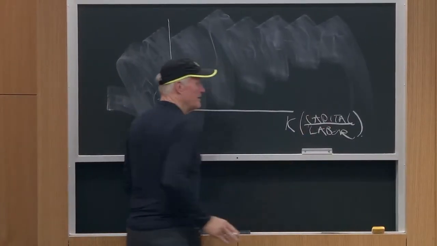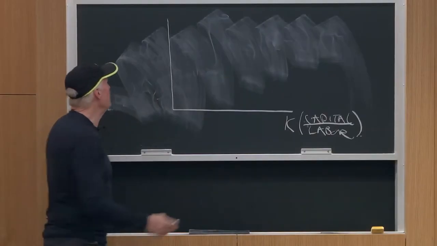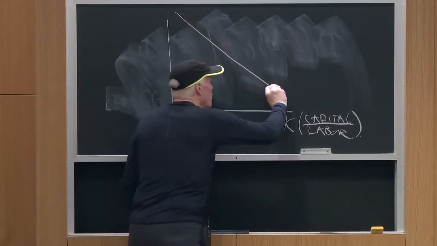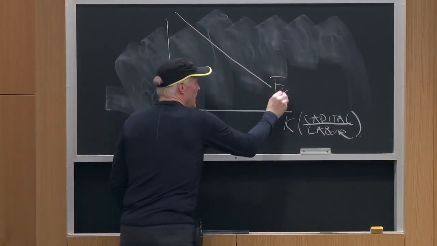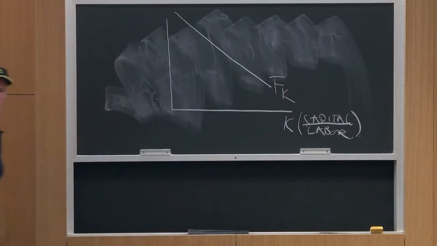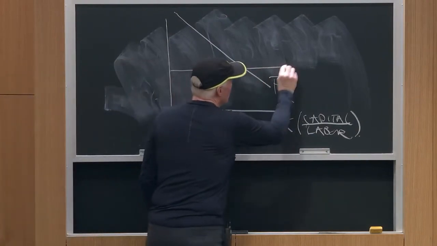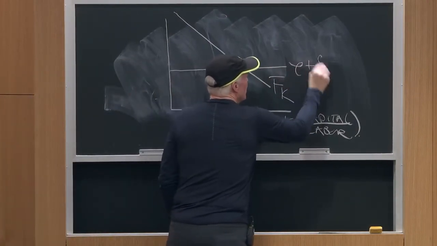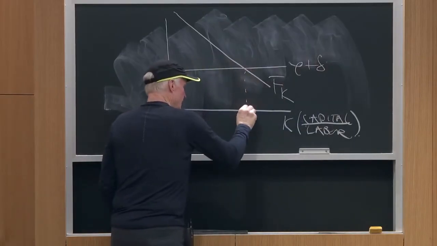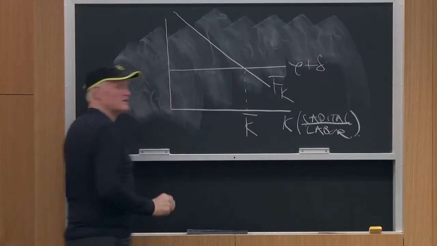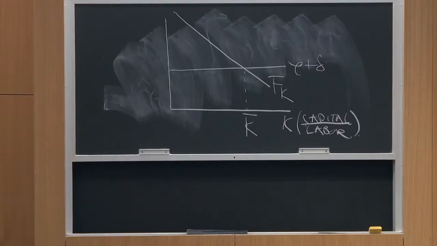Capital divided by labor. It's capital per unit labor. You can think of the marginal product schedule, FK. That's the marginal product schedule of capital. And this says, if I draw a horizontal line at rho plus delta, this is K bar. That's my steady state capital stock.